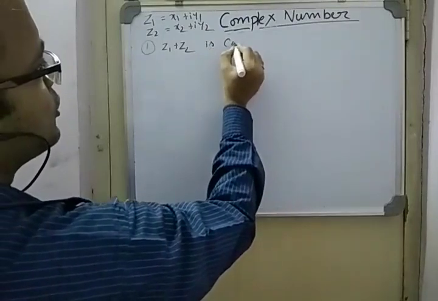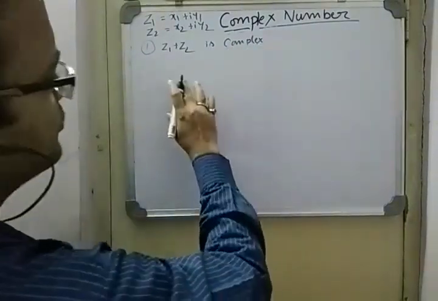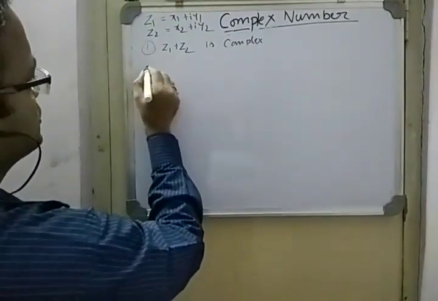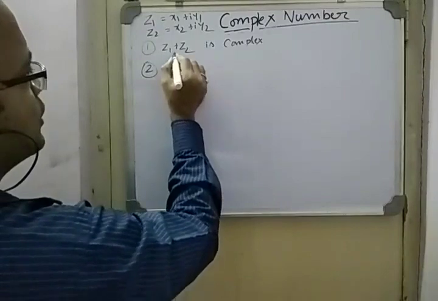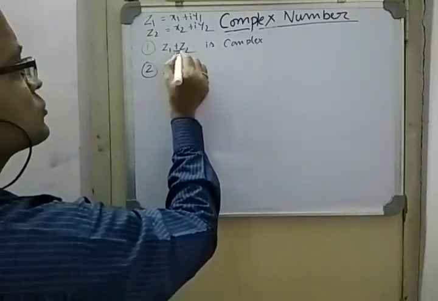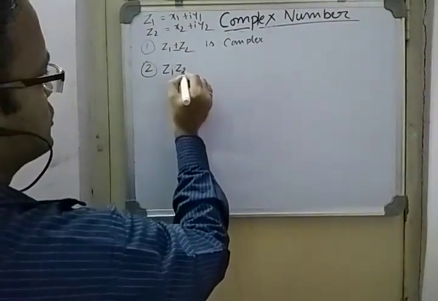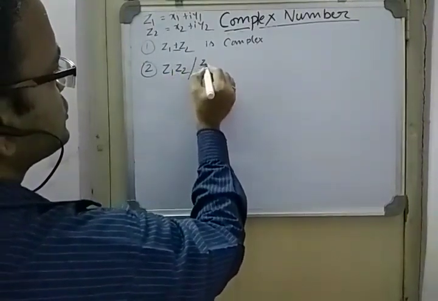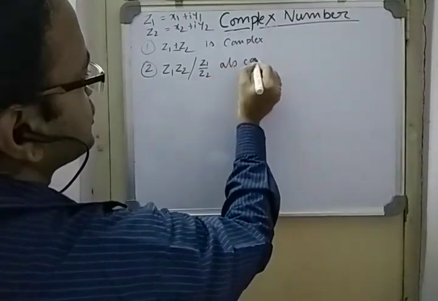From the parallelogram law also we have seen the same thing; we have represented this also. Z1 minus Z2 is also complex. Z1 Z2 is also complex. Z1 by Z2 is also complex.